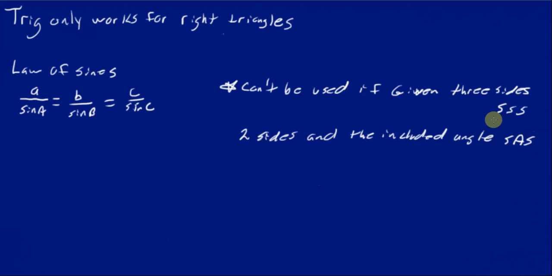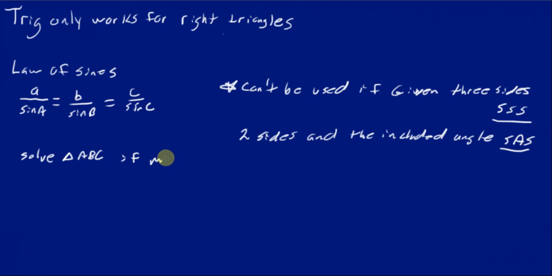All right, so you have to be very careful and look at your given information. If you have side, side, side, or side, angle, side, you cannot use the law of sines. So basically, we're going to solve triangle ABC, and we're going to be given some information.